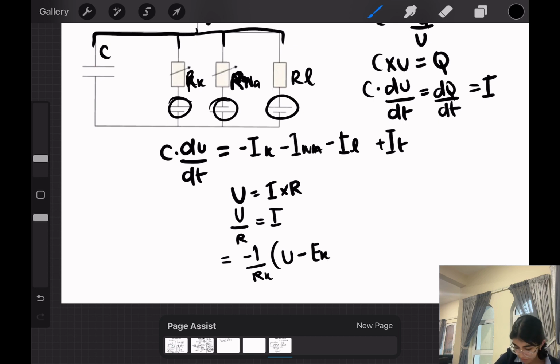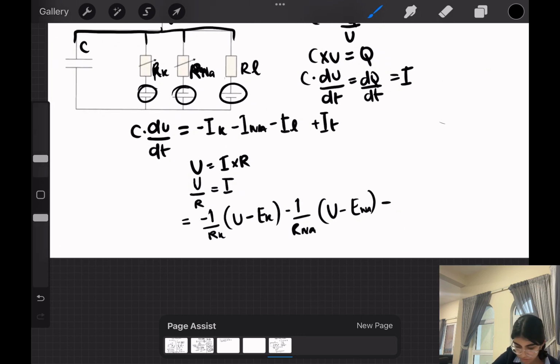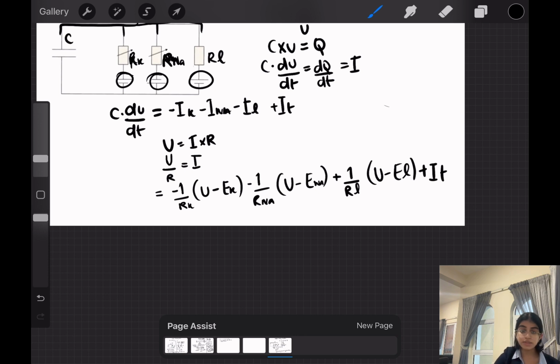So 1 by RK times U minus EK, minus 1 by RNA times U minus ENA, plus 1 by RL times U minus EL, plus IT. And this is sometimes called the first Hodgkin-Huxley equation.